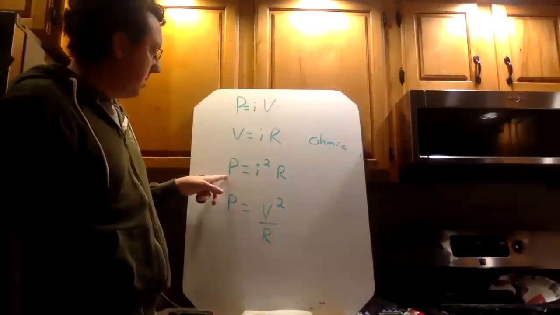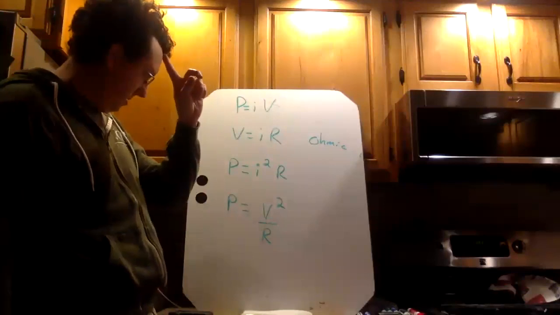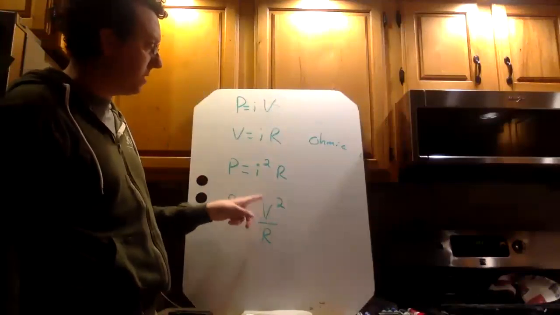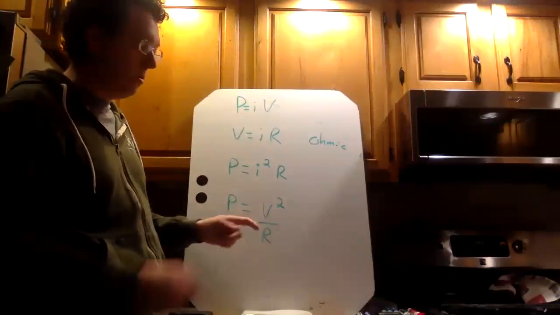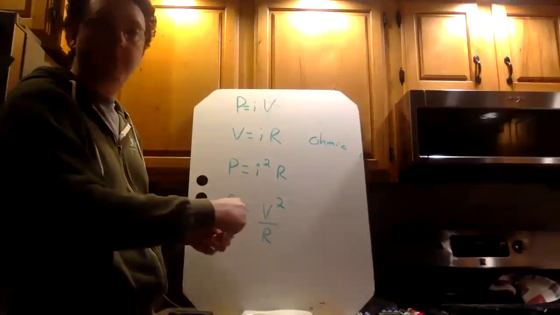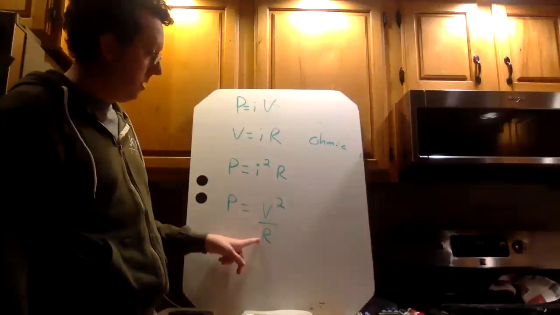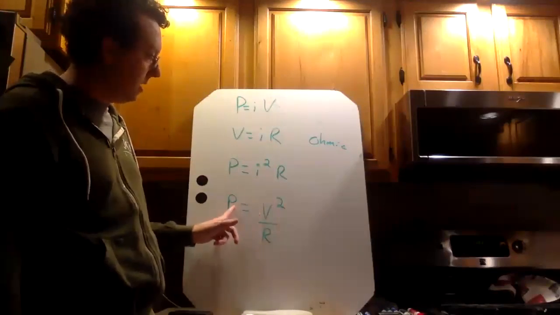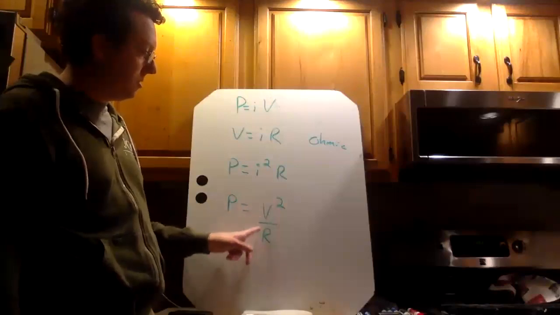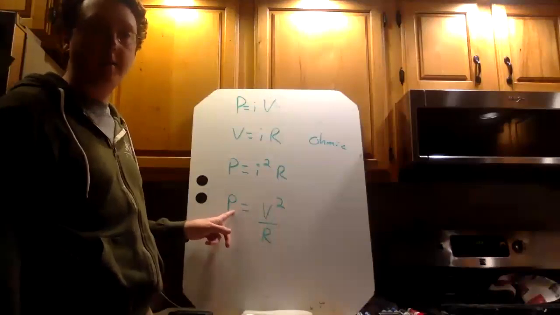If you have a device which has fixed voltage, like a battery, and then you hook it up to a wire or something with very small resistance, then because the resistance gets small, in order to maintain the constant voltage, the power that has to be supplied is huge.